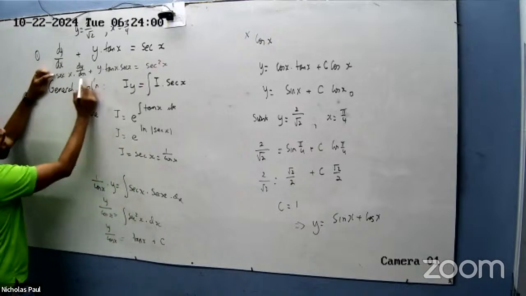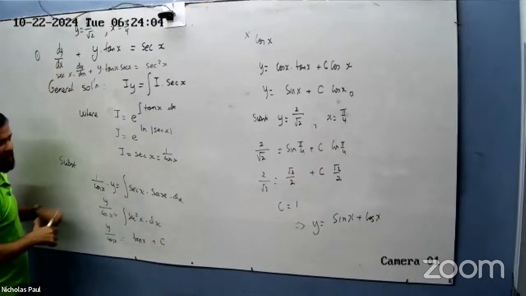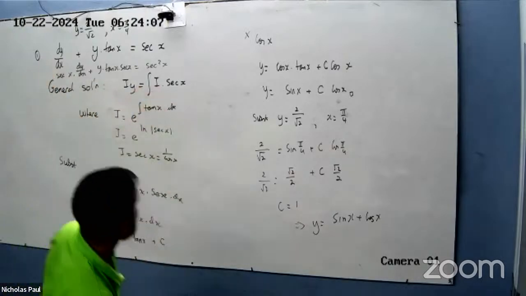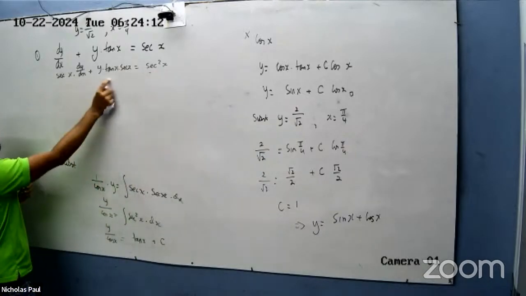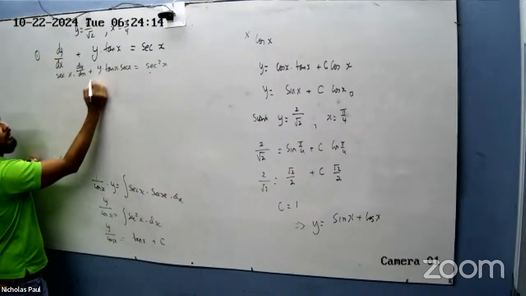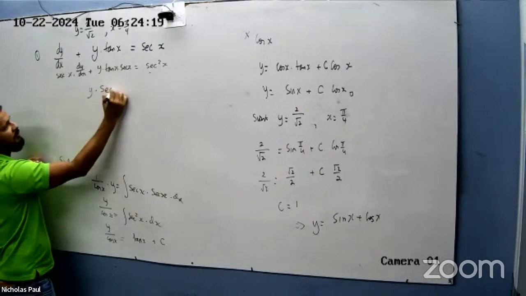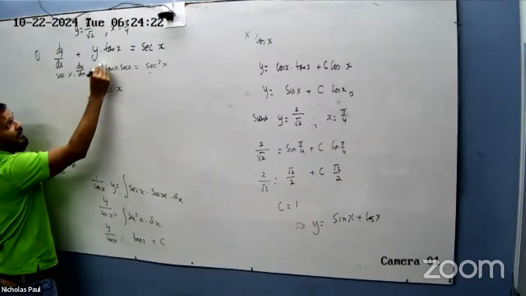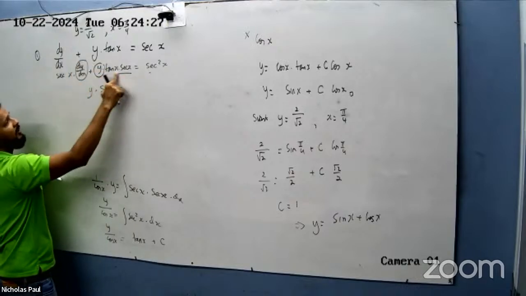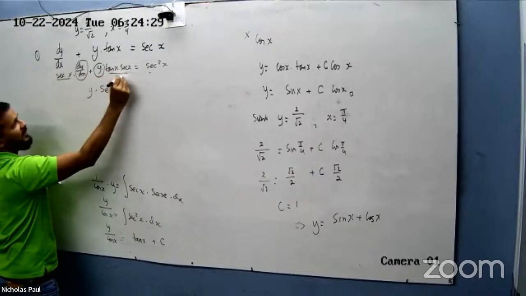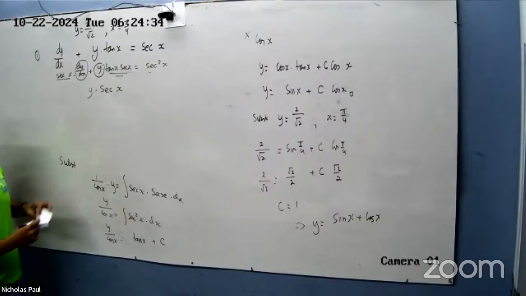If you look closely, you might recognize that this left-hand side is the product rule, where the product is y by sec x. If you differentiate this, you'll get this. So that left-hand side is really the product rule.